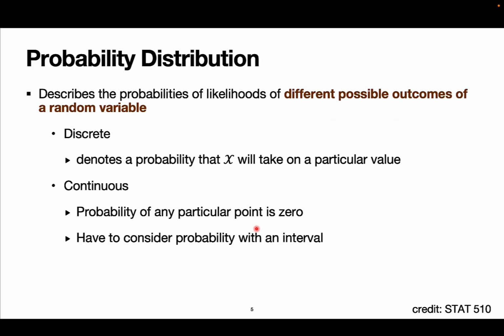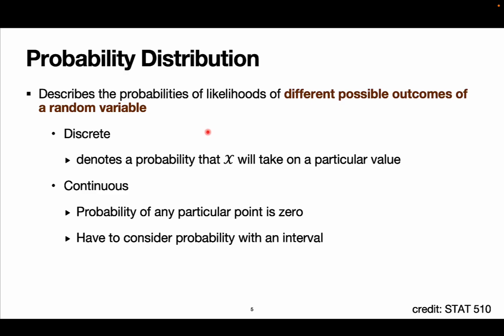A probability distribution describes the probabilities or likelihoods of different possible outcomes of a random variable. As we just saw in the previous example, our random variable had 3 outcomes, and we want to compute their associated probabilities.